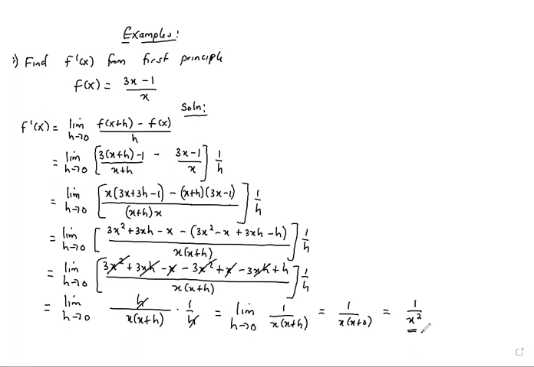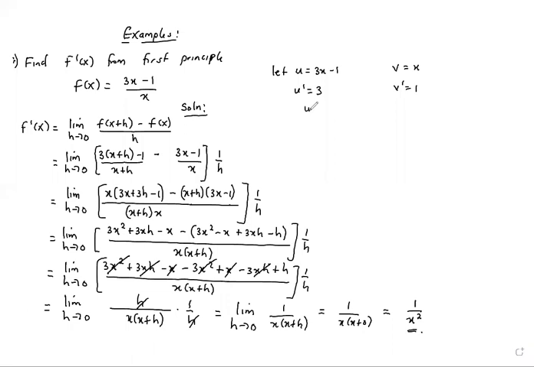Let's check if this is indeed the derivative, or maybe we have made a mistake. So let's check. How do you check? You use quotient rule. Let u be 3x minus 1 and v be x. Differentiate u, you get 3. Differentiate v, you get 1.